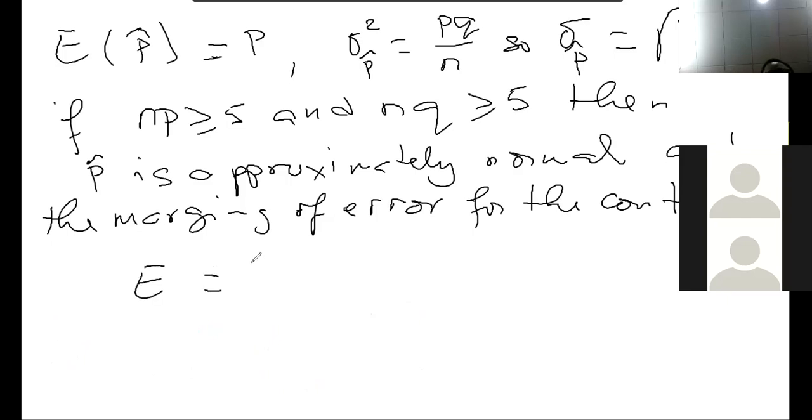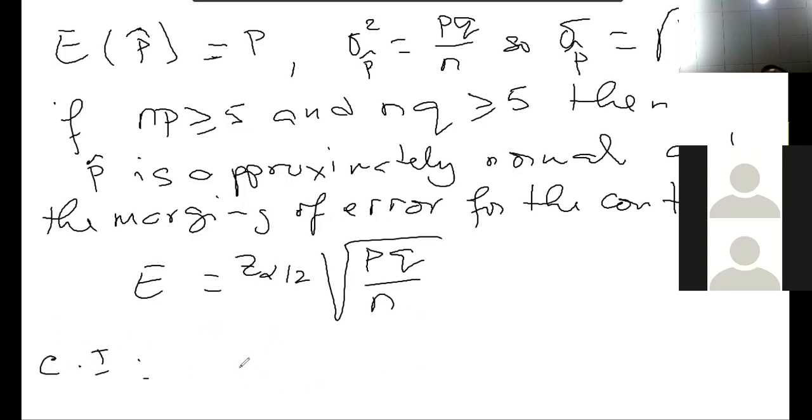E equals z alpha over 2 times square root of p hat q hat over n. And the confidence interval is p hat minus E to p hat plus E.